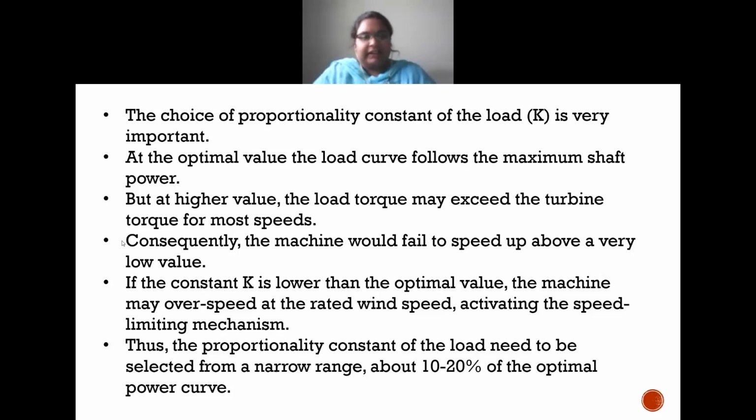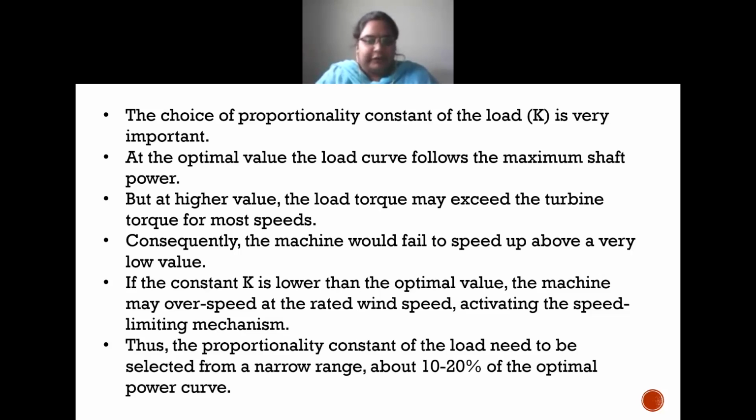But at higher values, the load torque may exceed the turbine torque for most of the speeds.